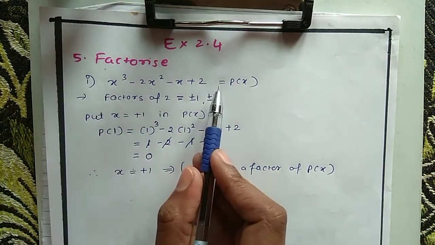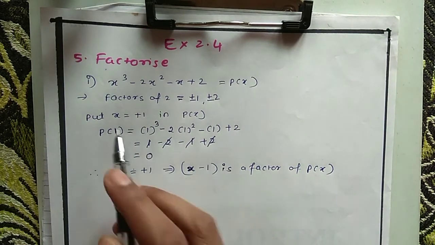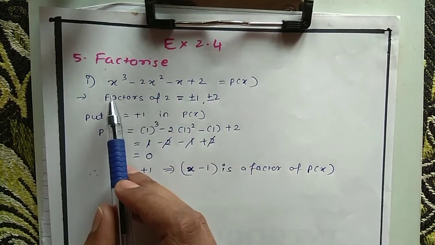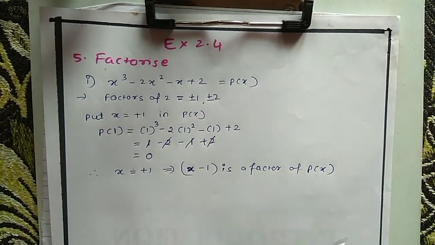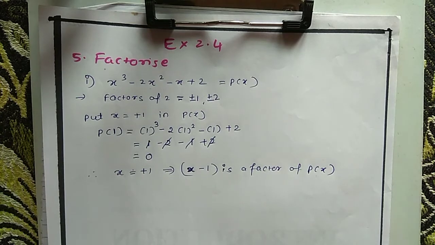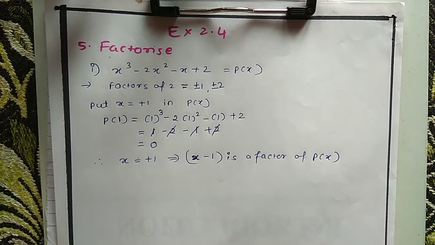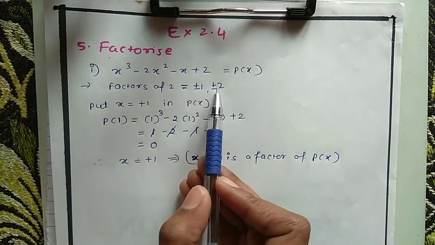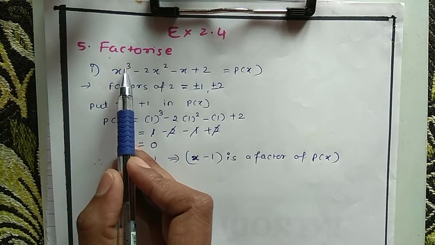As it is a cubic polynomial, we got one factor, and here its degree is 1. So when you divide the main given polynomial by this factor, in the quotient you will get a quadratic polynomial. Once you have the quadratic polynomial, you know how to factorize it. So now we are going to do division. Once you have one factor, you may get the other 2 factors, because in total we get 3 factors as the degree is 3.